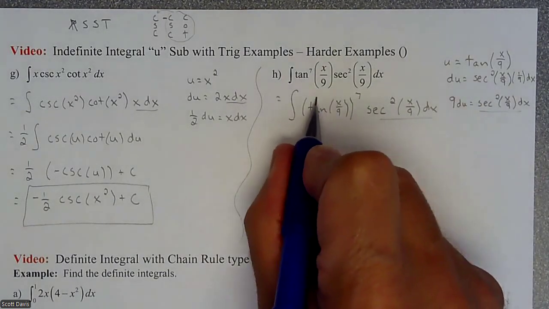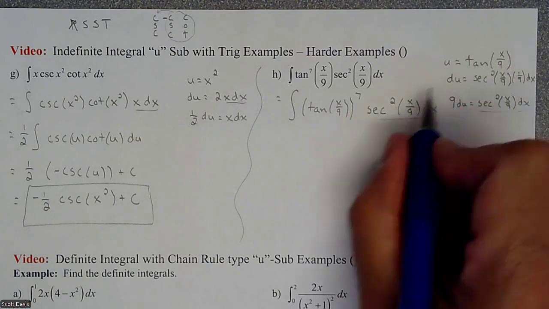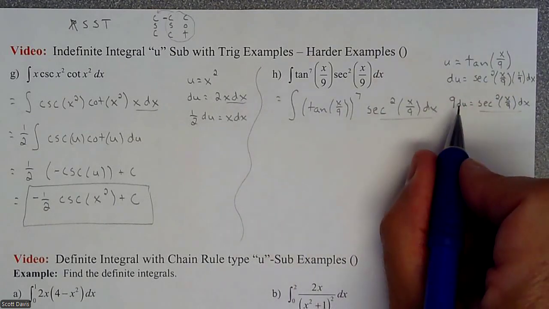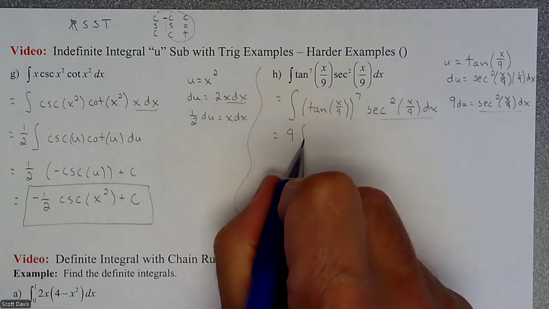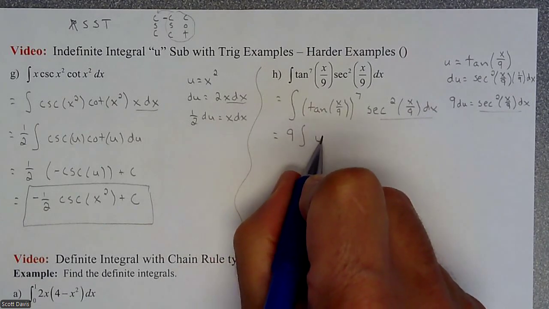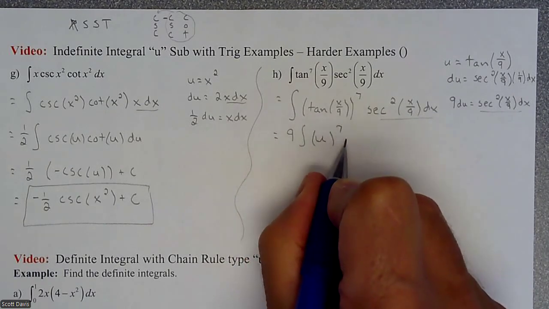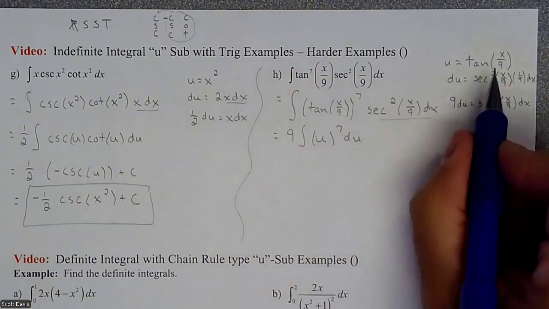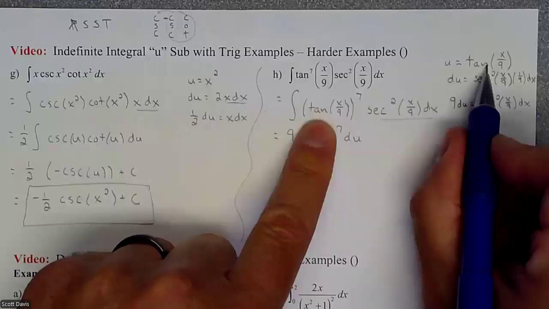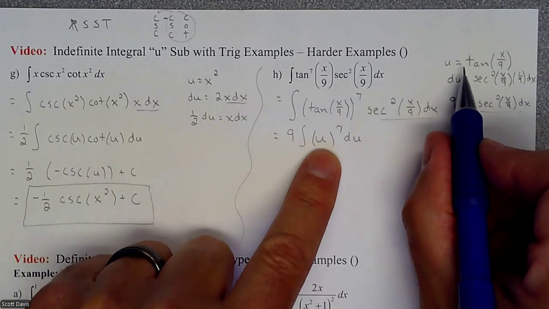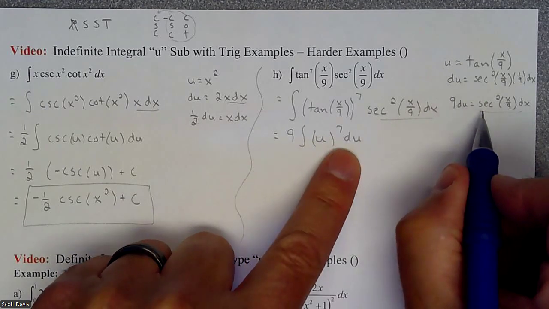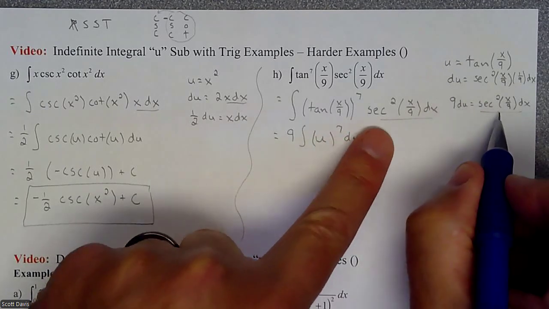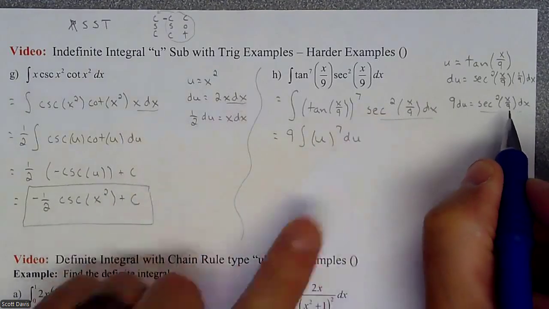So I'm going to be replacing tangent of x over 9 with u, and the dx piece with 9 du. So 9, that's going to be u to the 7th du. So tangent is u. There's our u to the 7th. And then the 9 du is coming from this being replaced.